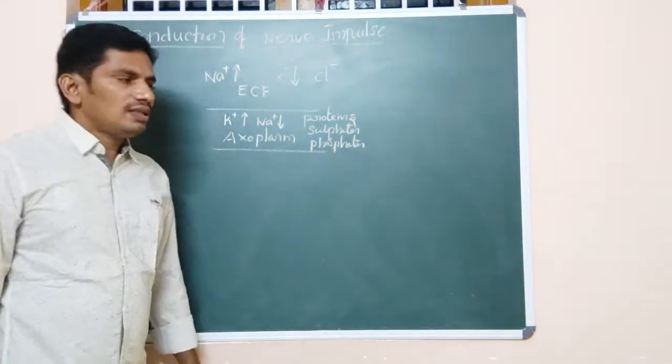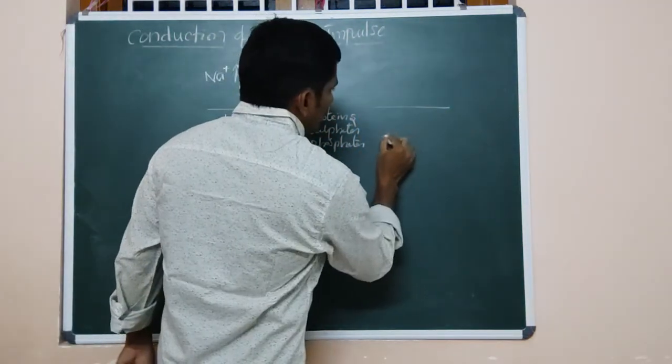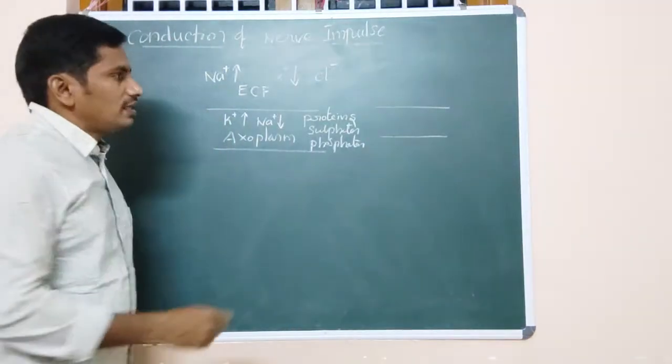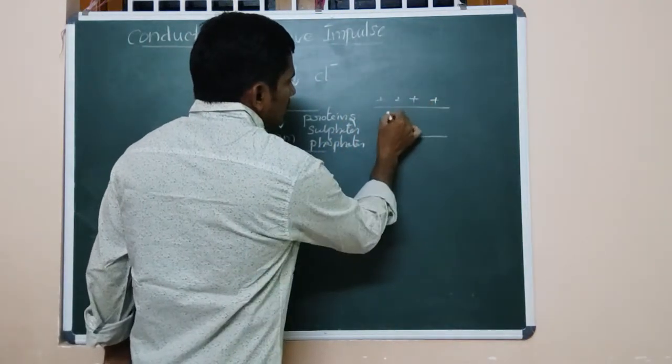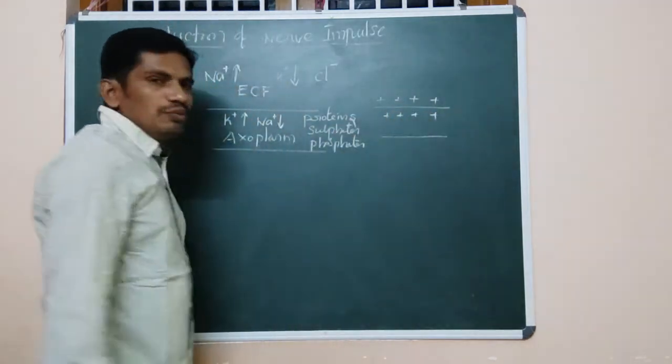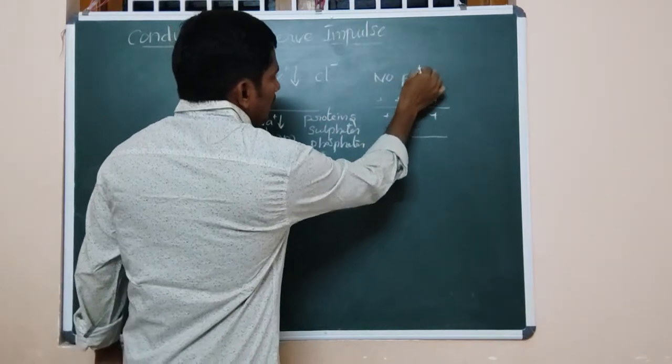are also present here. Now see, if a neuron has a distribution of charges like this, it is said to have no polarity, no poles.